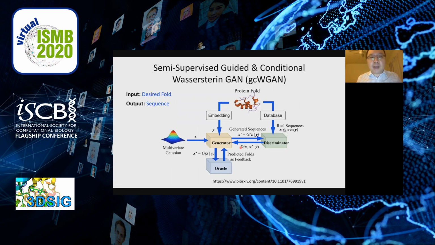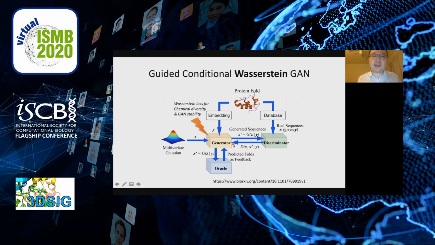The model we developed is a semi-supervised, guided, and conditional Wasserstein GAN. So again, it has a generator and a discriminator playing a game. And it's a Wasserstein GAN because the Wasserstein distance replaces the KL divergence, not only for training stability, but also for the design's diversity, as you will see later in the results.